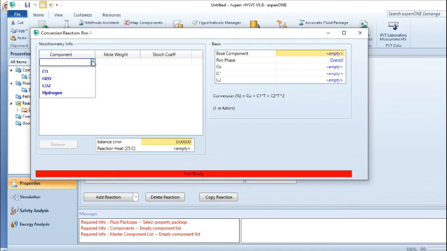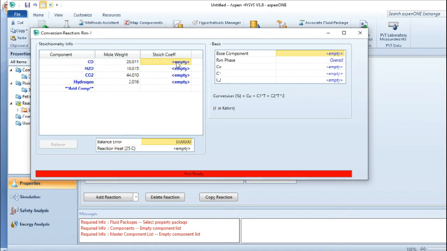So don't forget, CO reacts with water to produce CO2 with hydrogen gas. The reactants are consumed while the products are produced. So that means the reactants are going to take a negative sign, negative one also.